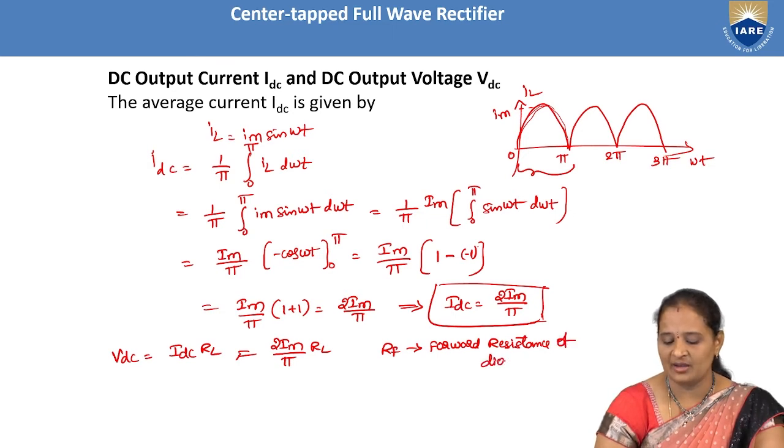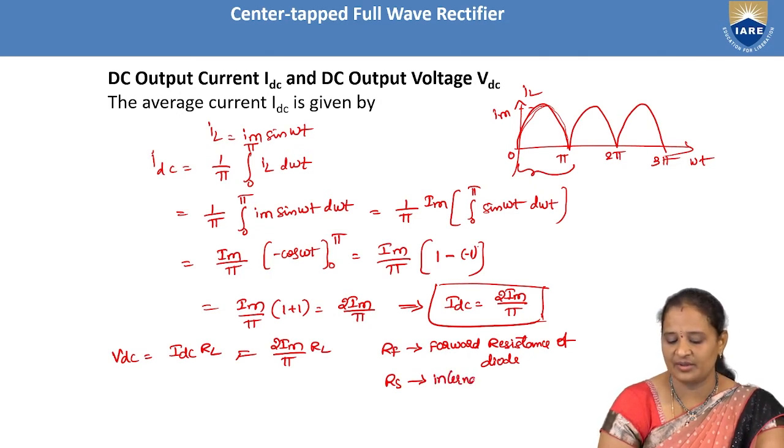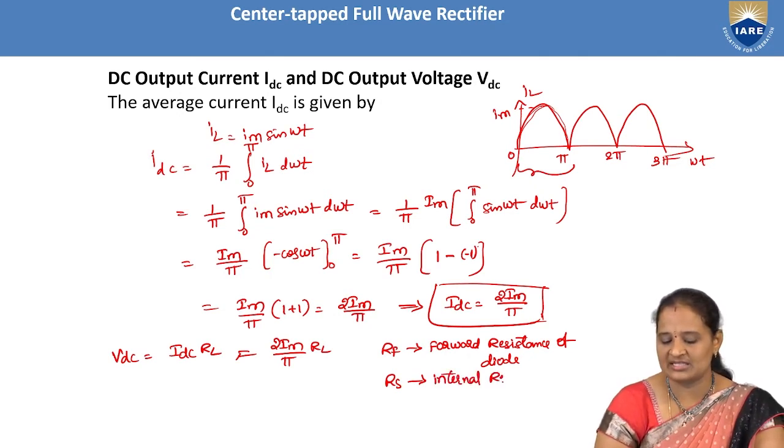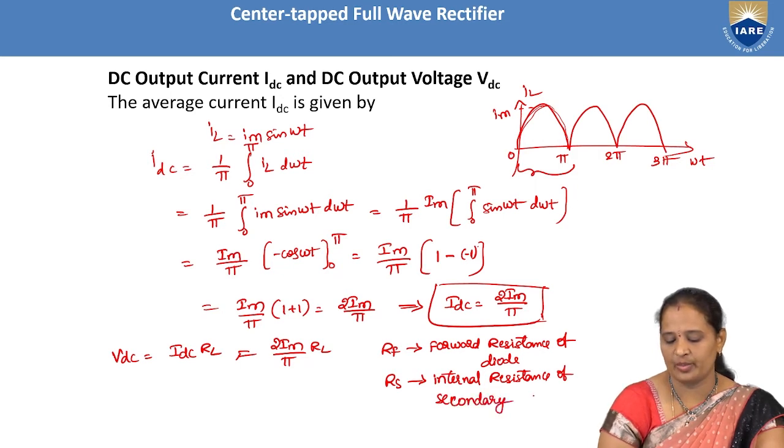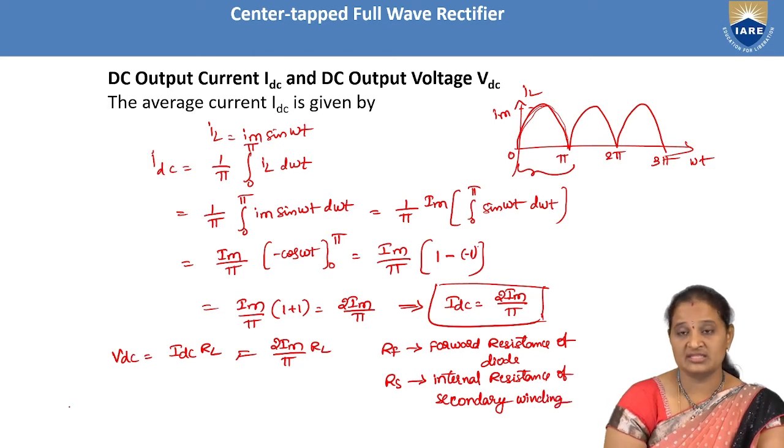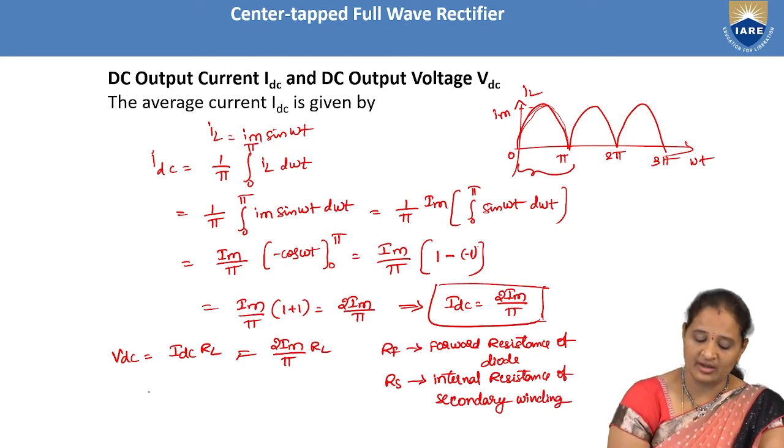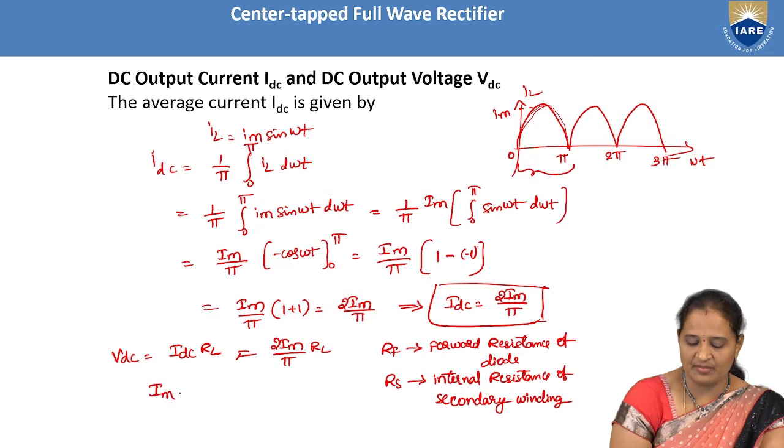And we are also considering the internal resistance of the secondary winding. Now, if you consider this into effect, then the value of Im can be found.